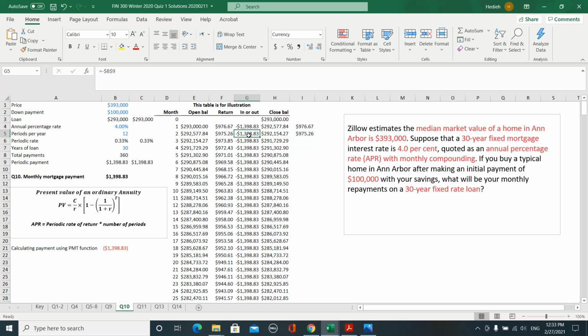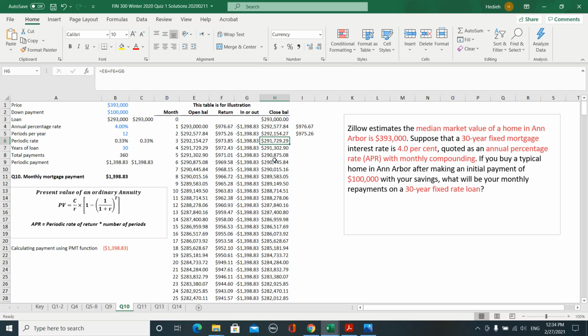After that, you make another payment in the second month, exactly $1,398.83, and your final balance, how much would it be? It will be your opening balance plus the interest that you should pay to the bank minus the payment that you made in the second month, and you click enter. Okay.